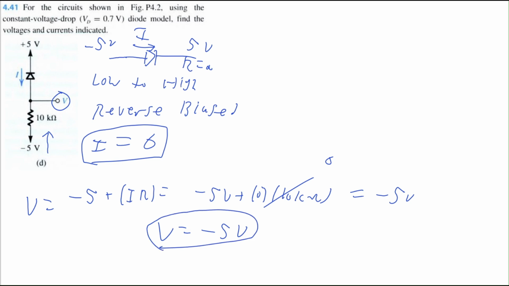Another way to look at this is that because the diode has infinite resistance, it will consume the entire voltage drop from 5 to -5. It will consume all 10 volts of that drop. And because this V falls after the diode, it observes the voltage after the diode consumes all of the voltage drop, which is why it is -5 volts.